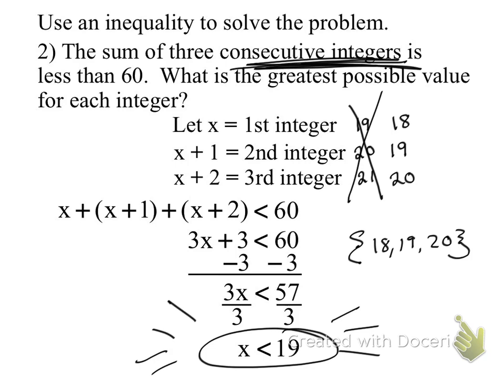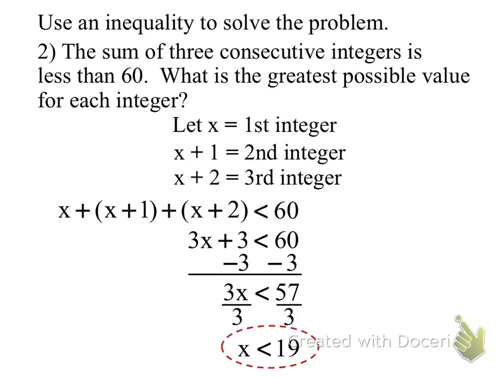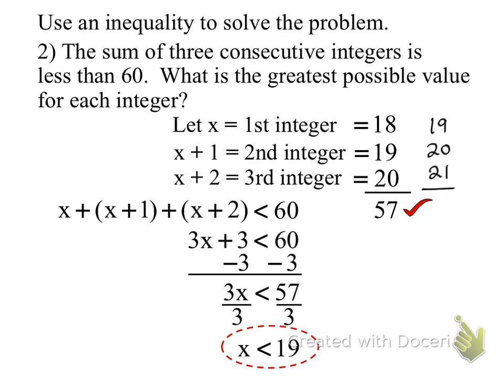Can I erase this? And we can check it. When you add them up, 8 and 9 is 17. Carry the 1. It's 57. Now, if we had 19, 20, 21, when you add them up, it's 60.